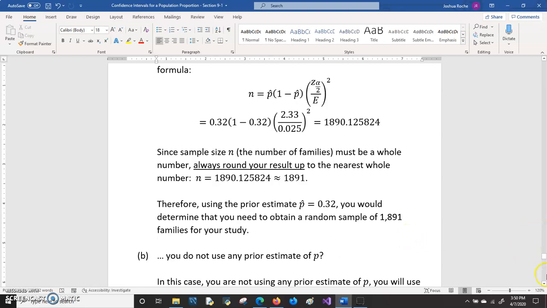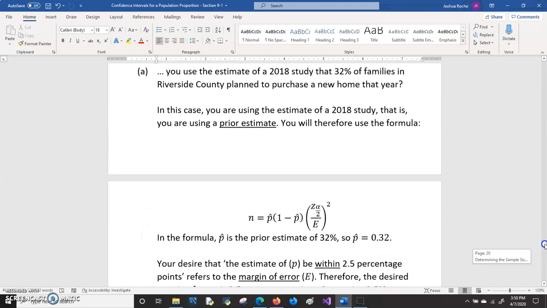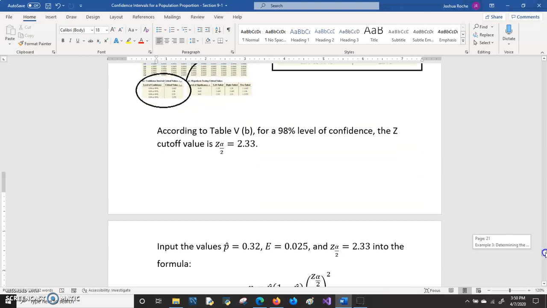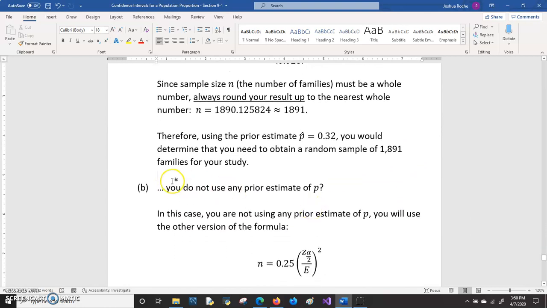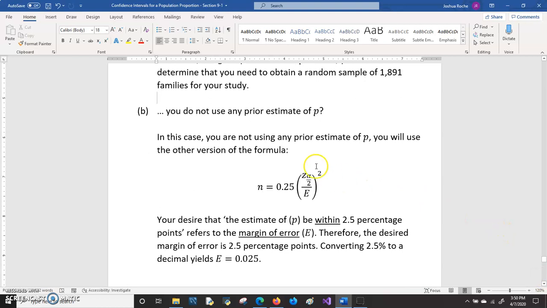So here's part B. Let me go back to what it said in the problem. The question was, what sample size, how many families, should be obtained if you do not use any prior estimates of P. So if you're not using any prior estimate, you're not using any previous study that will give you a P hat, then you'll use this version of the formula.